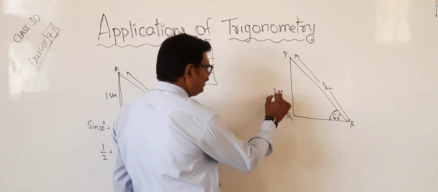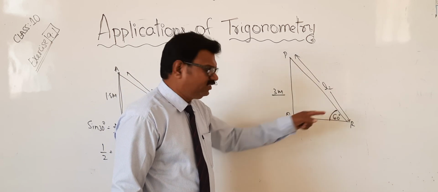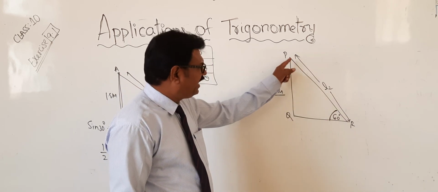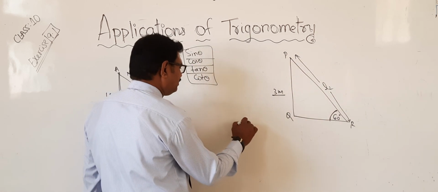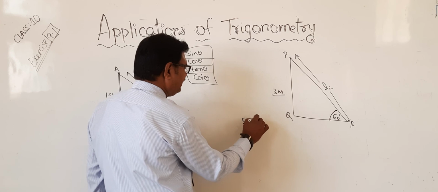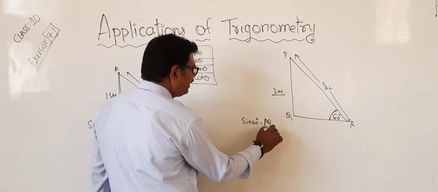Here also same, opposite side and hypotenuse, and this is 60 degrees. Therefore, here also same, sin 60 degrees equal to PQ divided by PR.